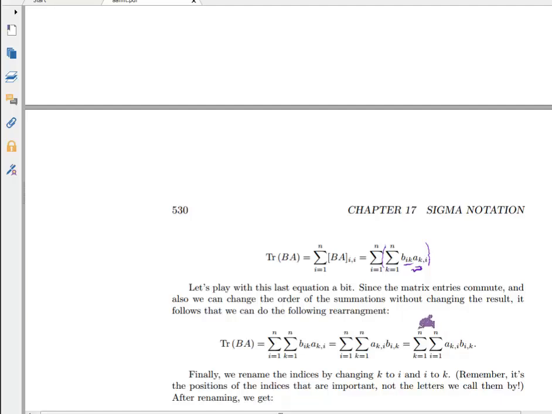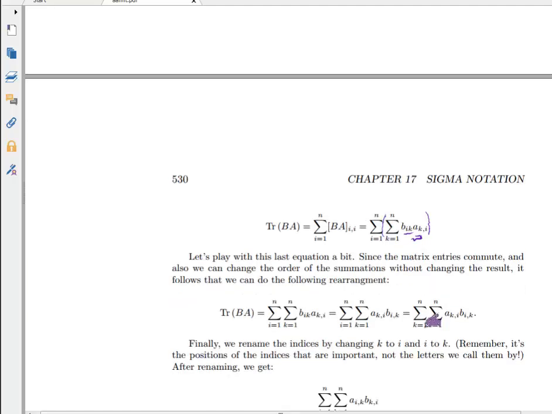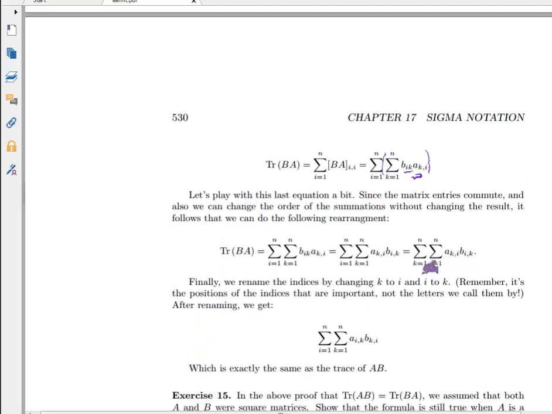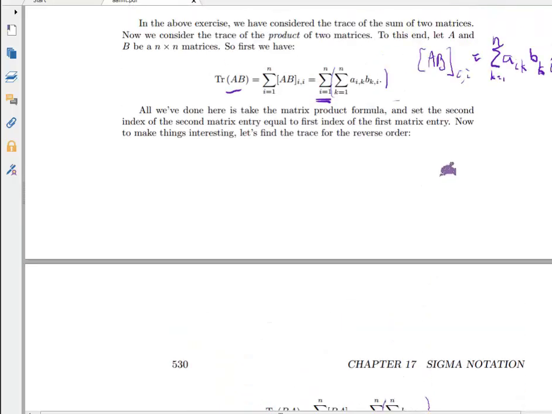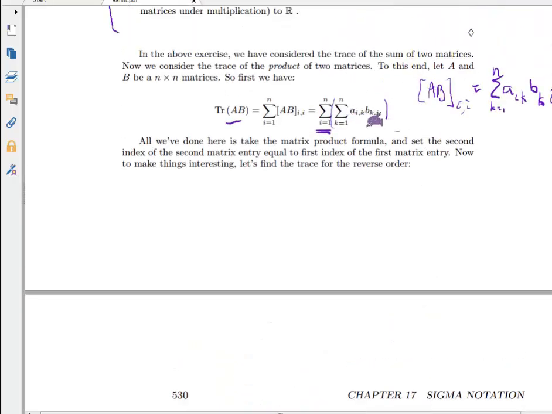We find out that we end up with something here that looks very much like what we had here. The only difference is that the i and k are exchanged. But i and k are just letters to indicate an index. So I could replace all these i's with k's, and all these k's with i's.